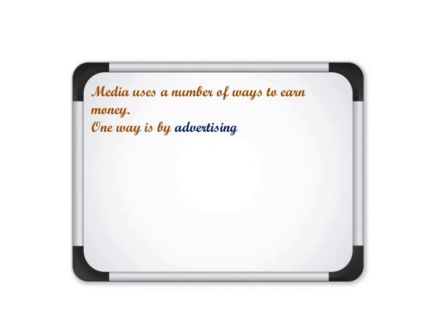One way is by advertising different things like cars, chocolates, clothes, etc. You might have seen that whenever we are watching a news channel or any other channel, in between the different programs we see different advertisements.